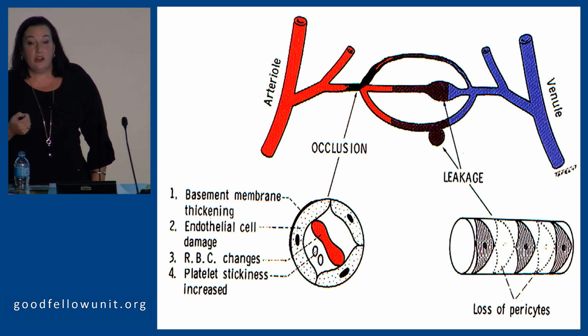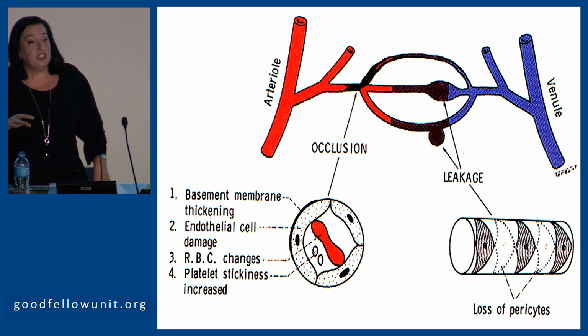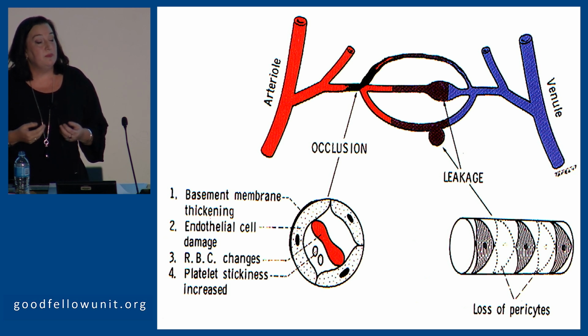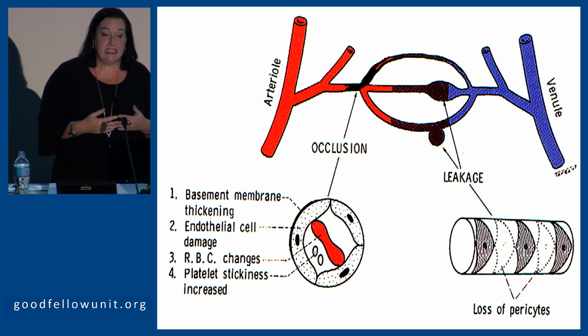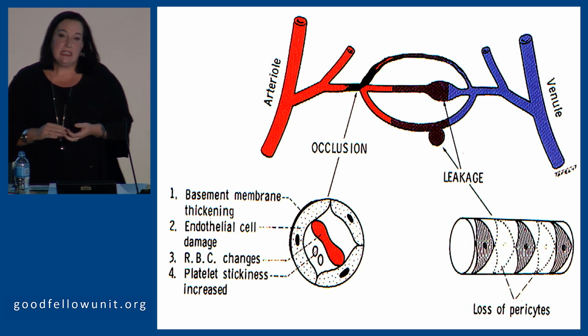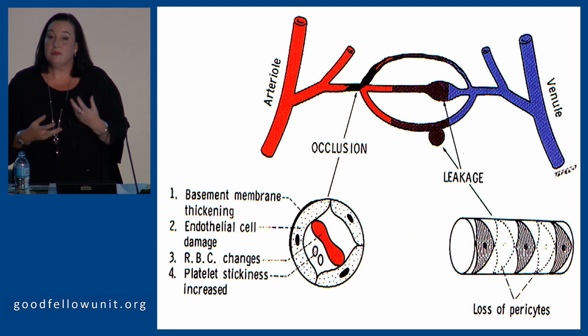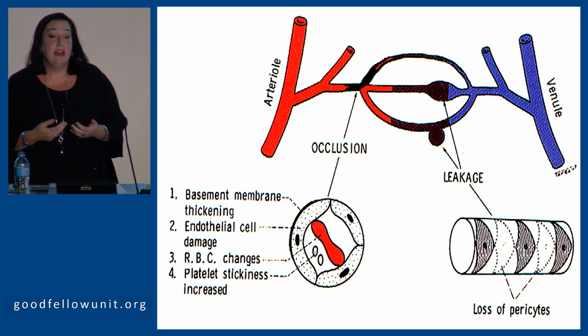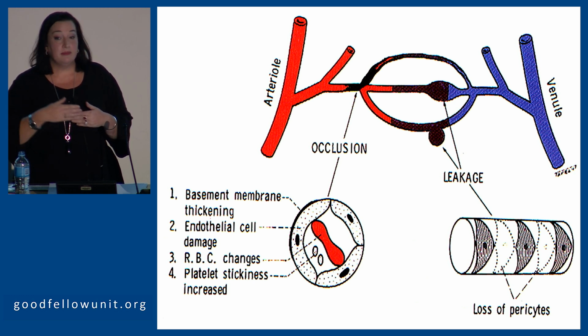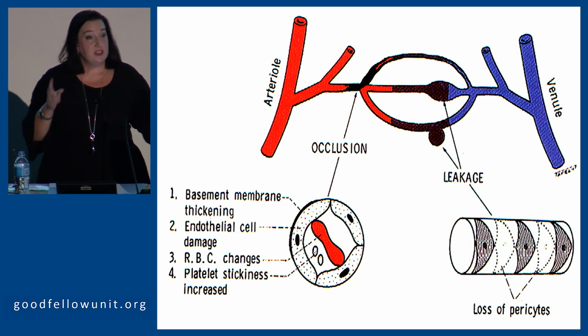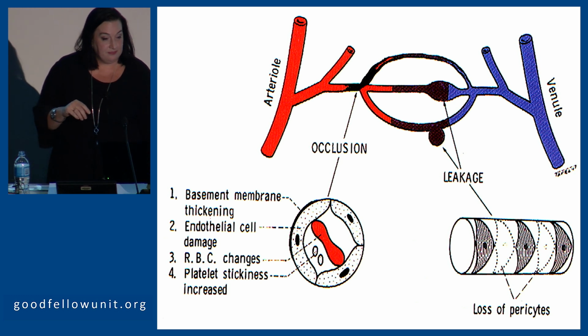So we get loss of those pericyte cells which form the structure of the vessel. So eventually over time they start to leak and bleed. The other process is around occlusion. So those blood vessels become blocked up, and from that blockage or the occlusion, past that we get hypoxic cells, okay? So those are the two things that are happening there.